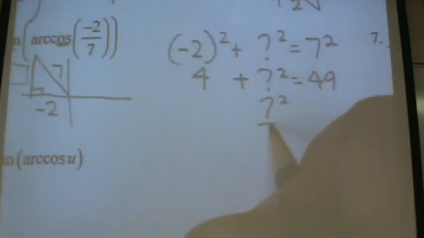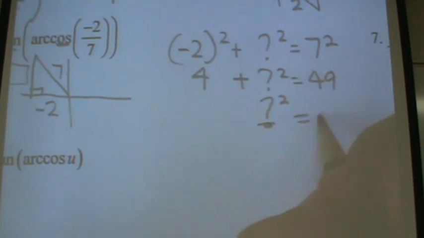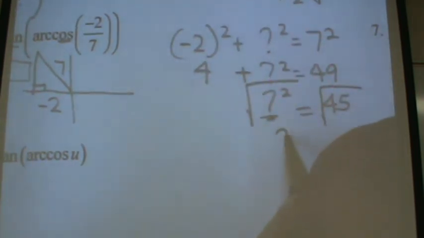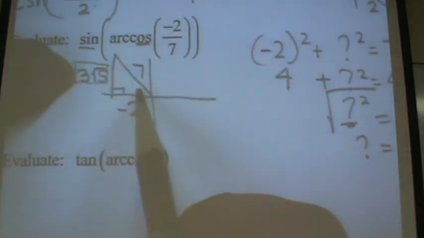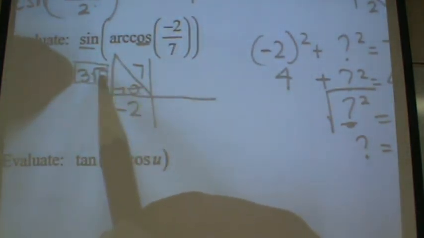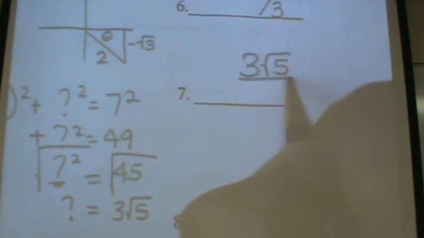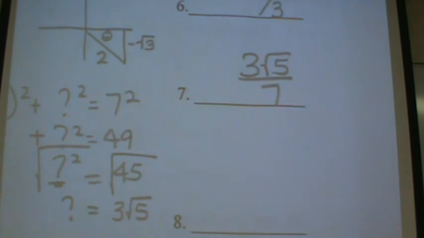Something squared is equal to 45. Square root of that is 3 root 5. So this is 3 root 5. So what's the sine of this angle? It's opposite over hypotenuse. So 3 root 5 over 7.